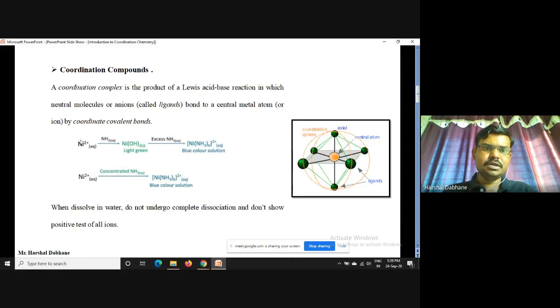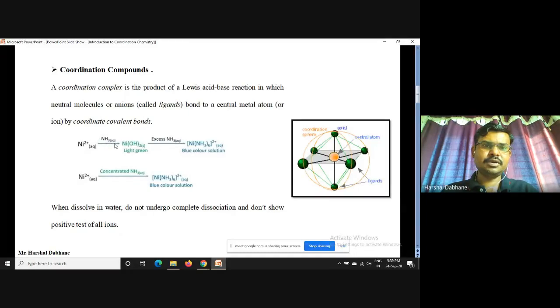When we add aqueous ammonia into it, the color of the solution changes, and we get a light green color. So we can say that our complex is going to form.